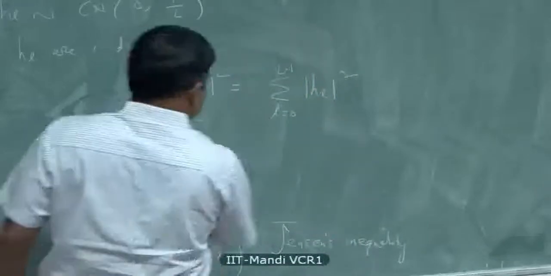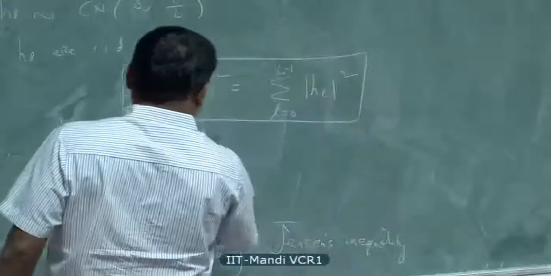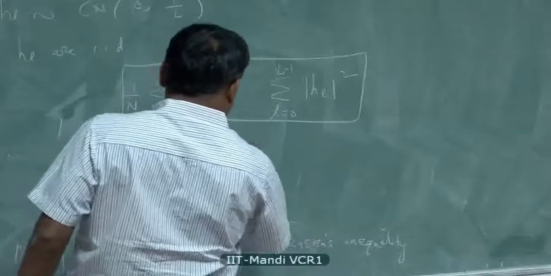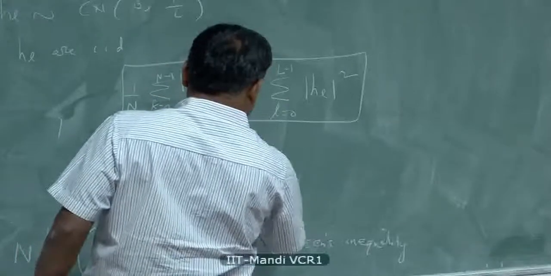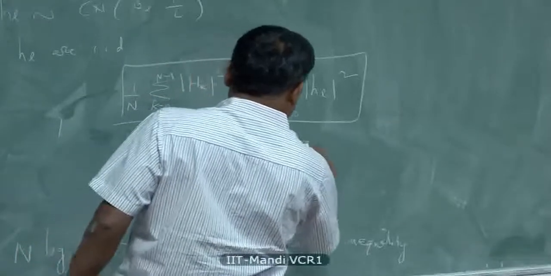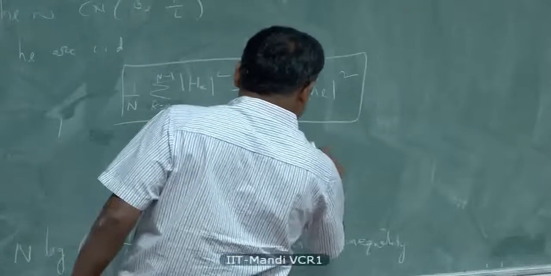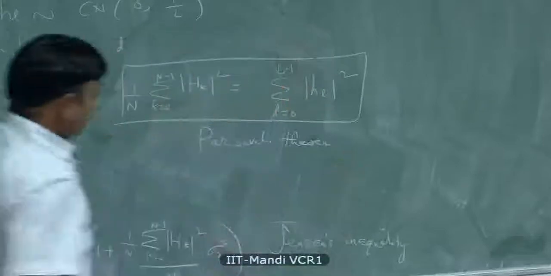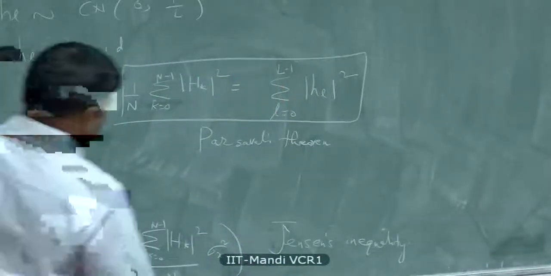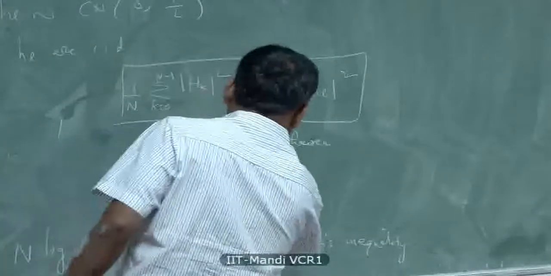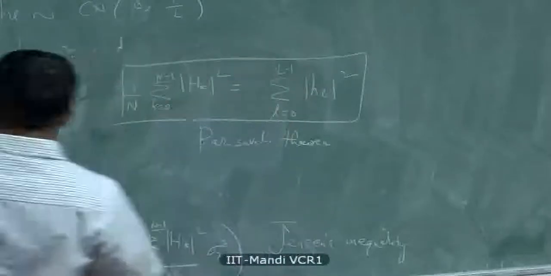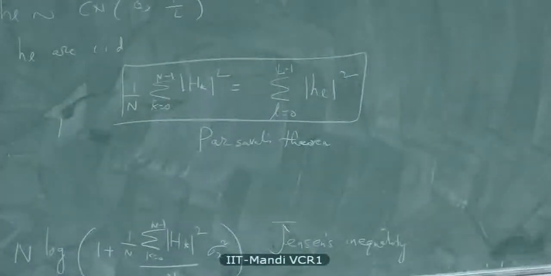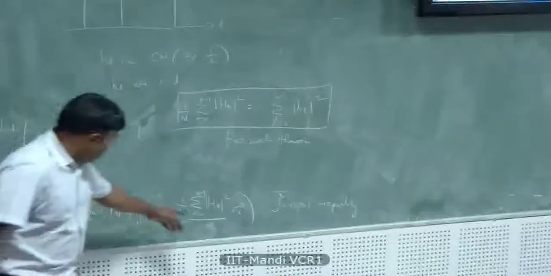This comes from Parseval's theorem. So we first apply Jensen's inequality, then we invoke Parseval's theorem, and this portion can be written.